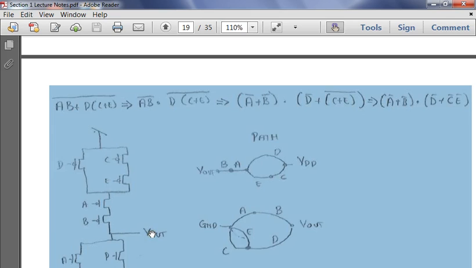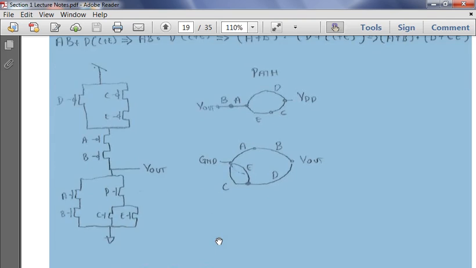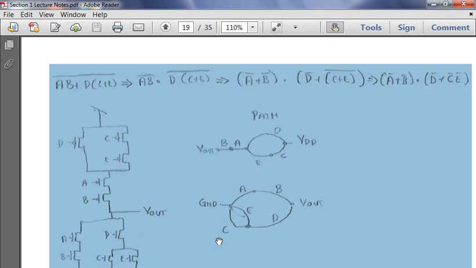We draw path diagrams. Yeah, hold on. I want to do this on the board. Okay, so the first part is correct. So you have A and B, and then C and E are in parallel here. This part's right.